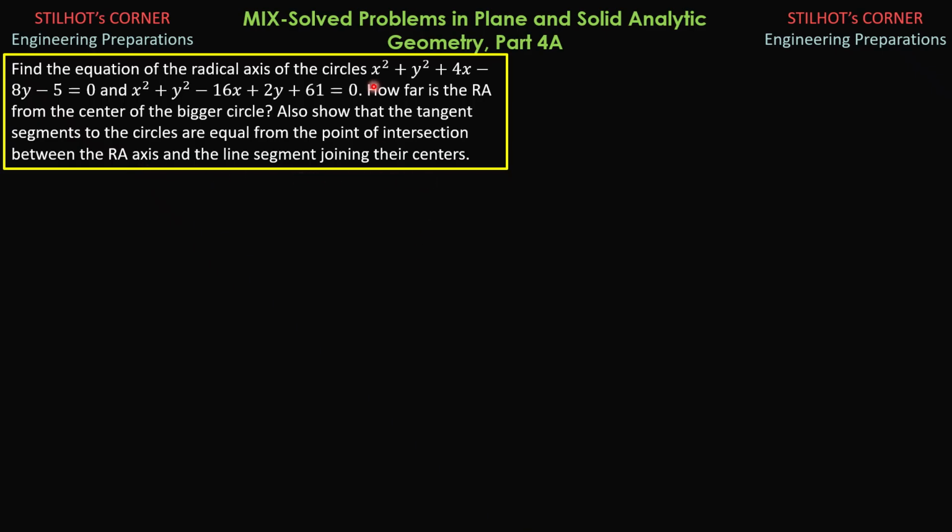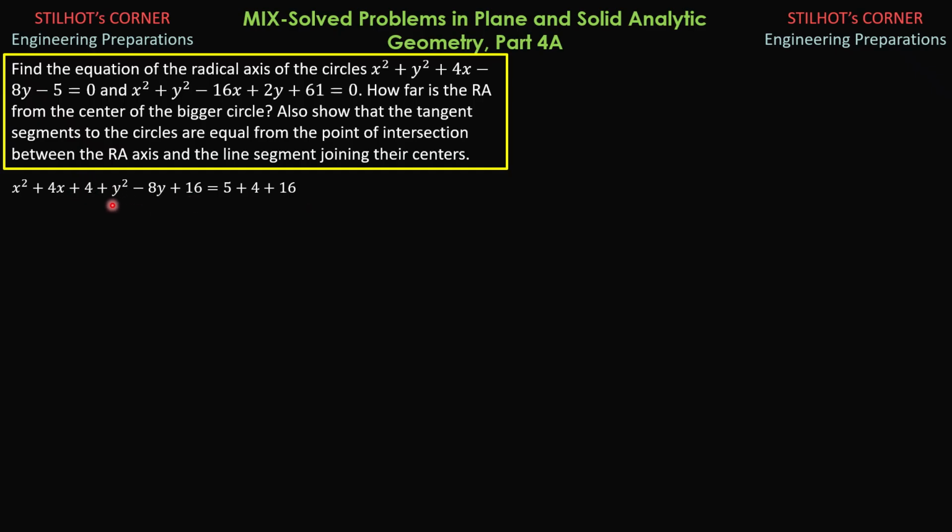So first, let's transform each of these circles into the standard form so that we can locate the center and know the radius of each. So x squared plus 4x plus 4 by completing squares, then complete the square in y squared minus 8y, plus negative 8 over 2, negative 4 squared, so 16, equals, this negative 5 becomes 5, then plus 4 plus 16.